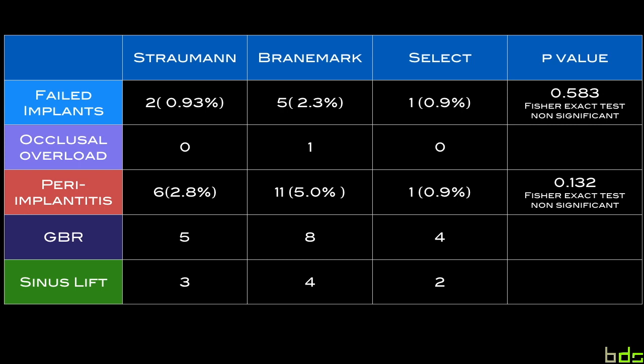Some of the implants had GBR, bone regeneration, and sinus lift completed, also on three different brands of implants. So the question that is very important to us is: implants with different macrogeometries do fail. They fail about the same in our study.